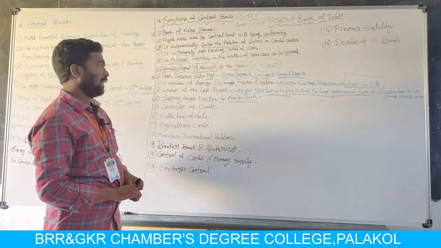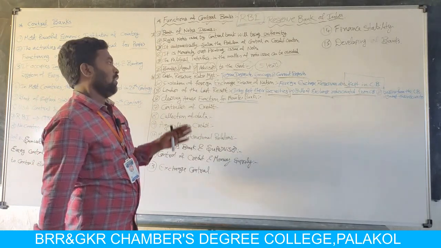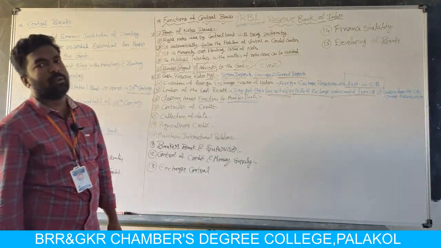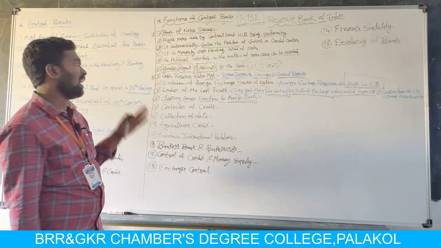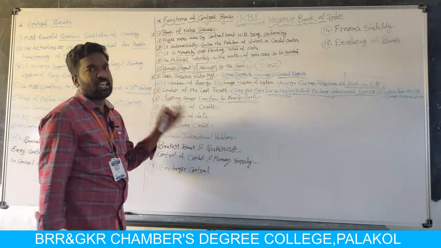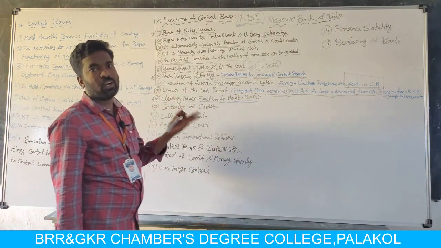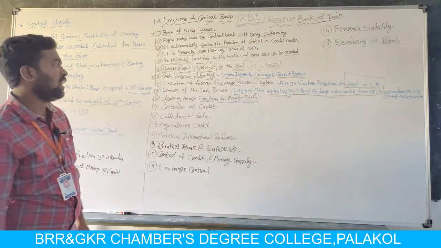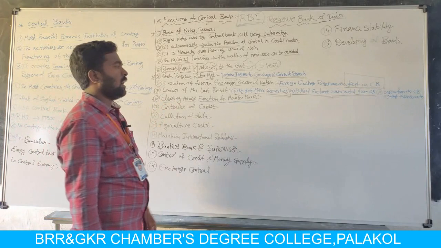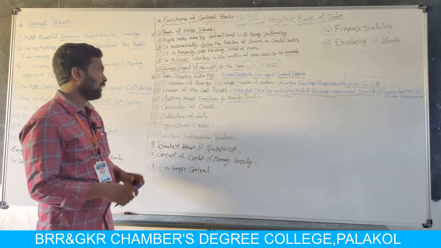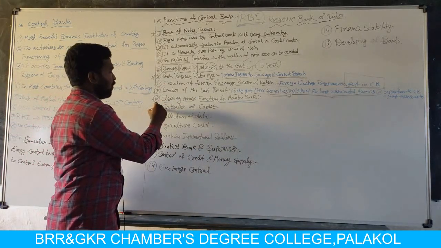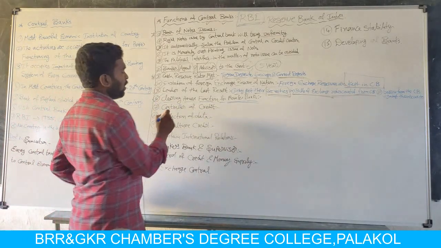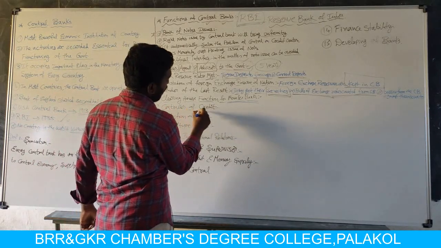So it is a clearing house. If any member bank has a problem, the Reserve Bank of India clears it. Every problem or dispute, with customers or bank to bank, is solved by the Reserve Bank of India. Then controller of credit. The Reserve Bank of India is the controller of credit.